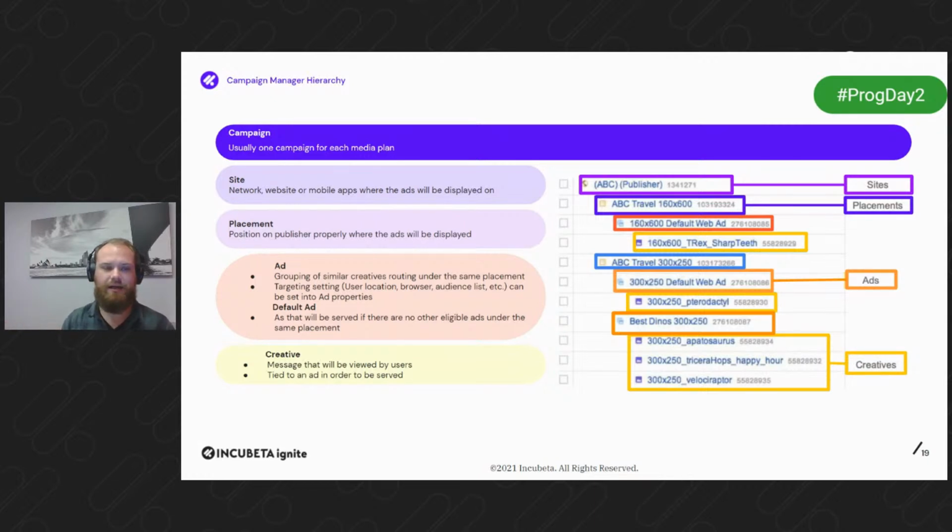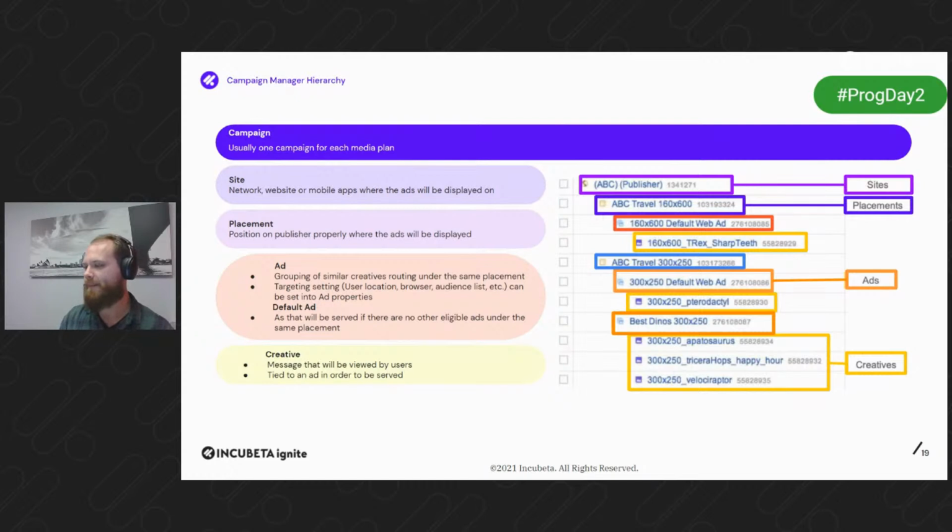That site ID can come in handy. It's also used to sync this part of your campaign to your DV360 advertiser. We're going to touch on that a little later when we look at the relationship between Campaign Manager and DV360.